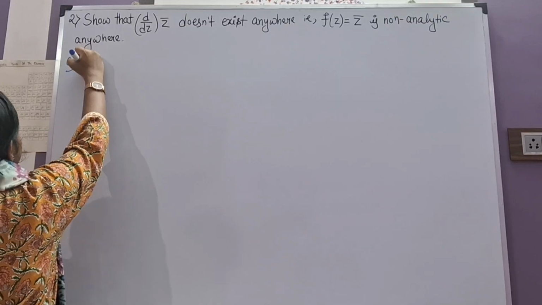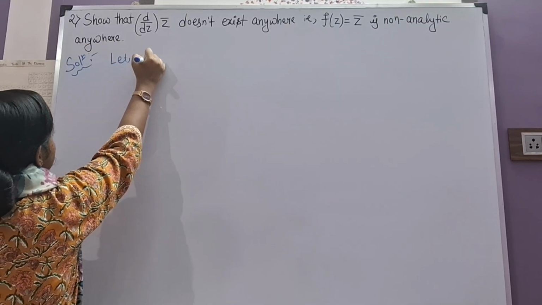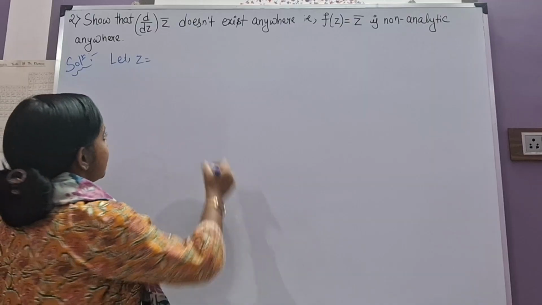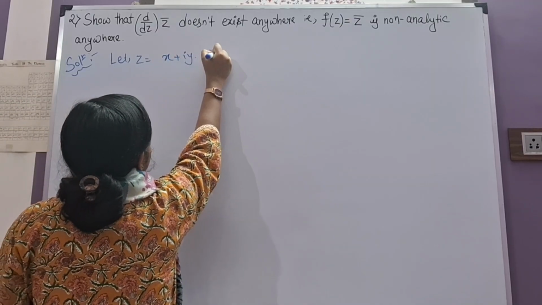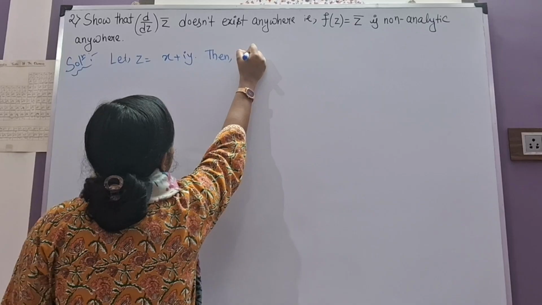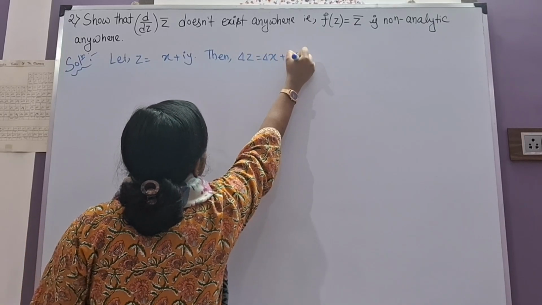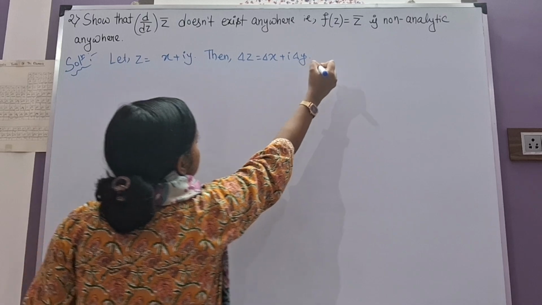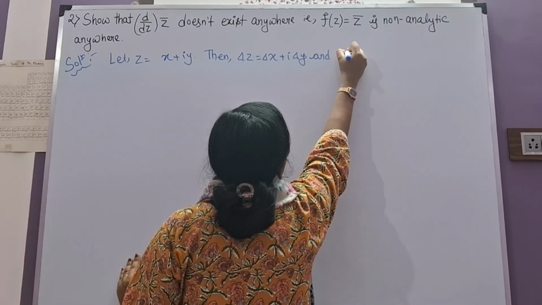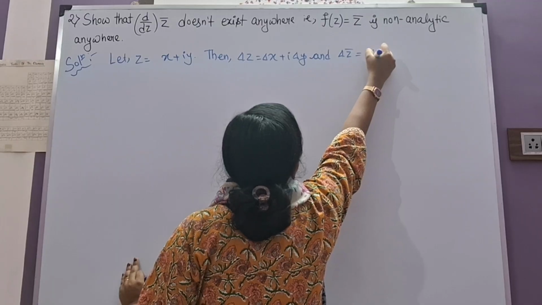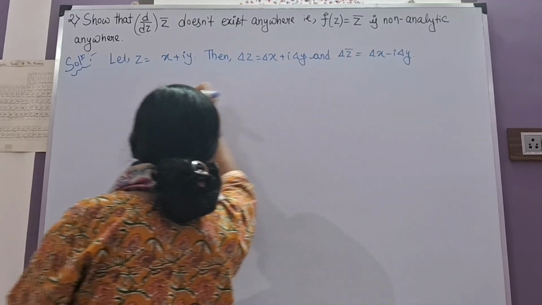Now for solving this question also, at first we are going to assume z equal to x plus iy. Then what will be delta z equal to? Delta x plus i delta y. And what will be delta z bar equal to? Delta x minus i delta y.